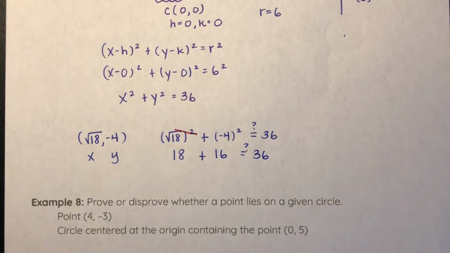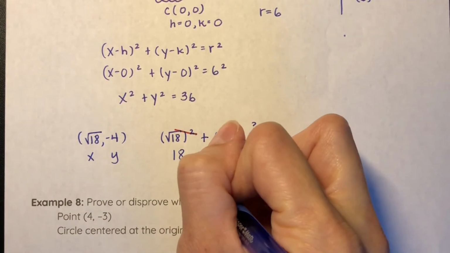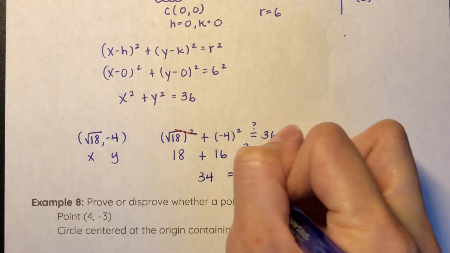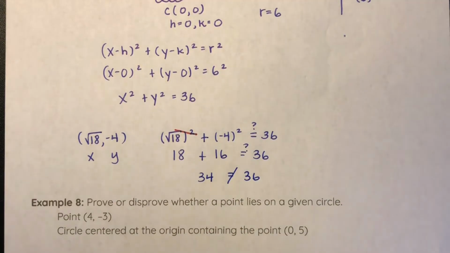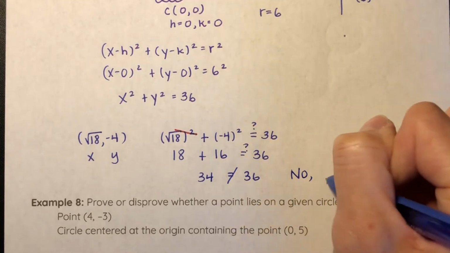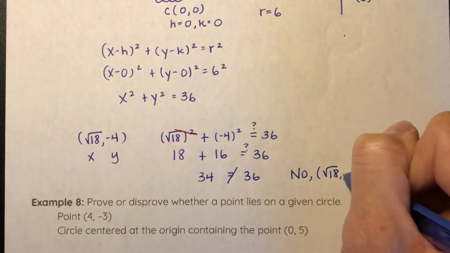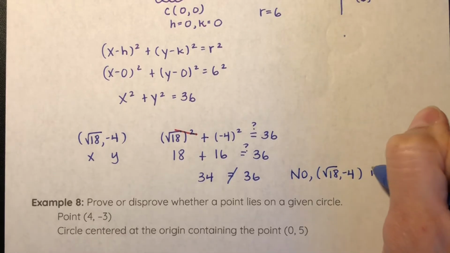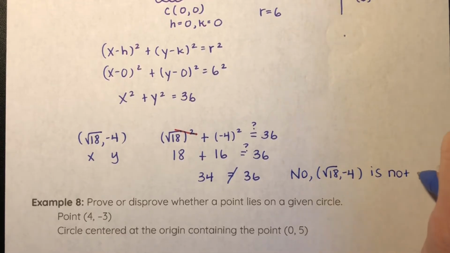If I add these together, I see, oh no, I was close, but it didn't quite equal 36. So it's close to the circle, but no, it is not on the circle. So no, the square root of 18, comma, -4 is not on the circle.